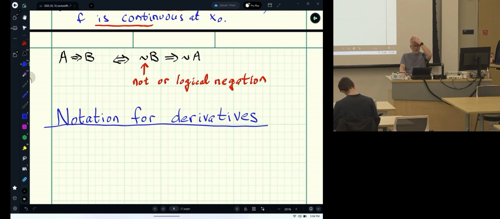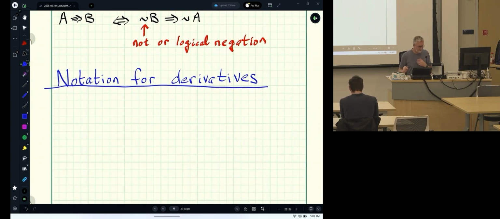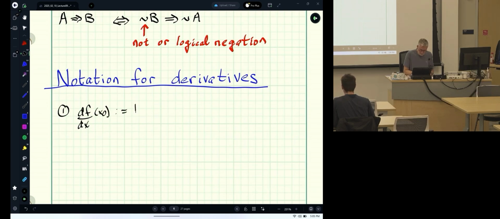Okay, so there's actually three different notations that are used with derivatives. We're going to introduce a second one now. So we have one, which is the little d f, infinitesimal increment f over little dx, little infinitesimal run. So df by dx at x0 is by definition equal to the limit as h goes to 0 of the rise over run.